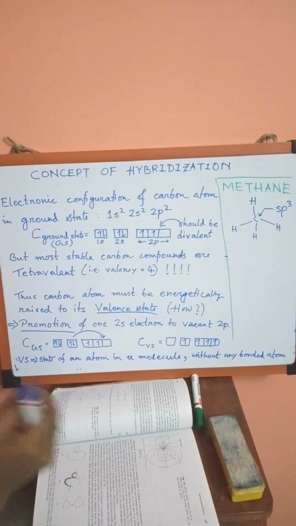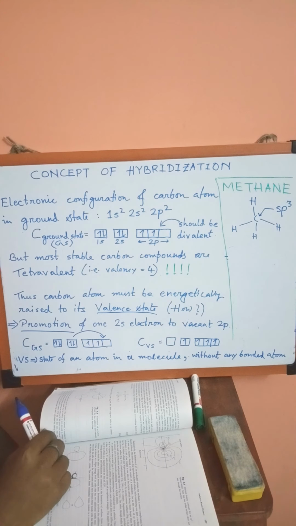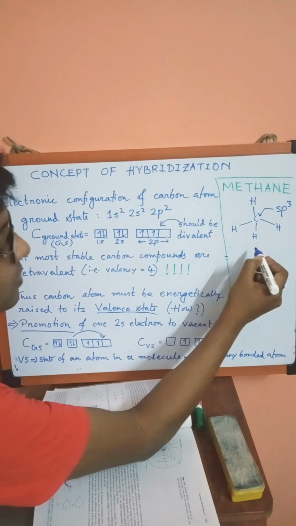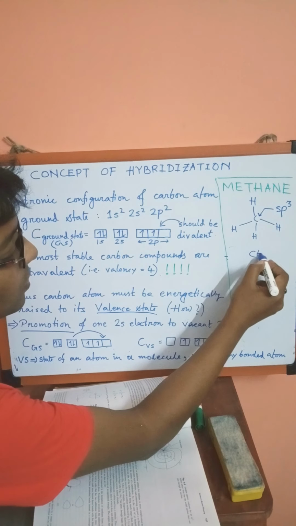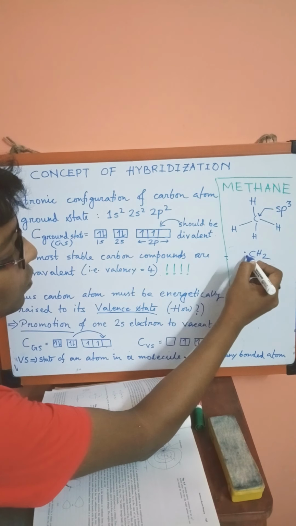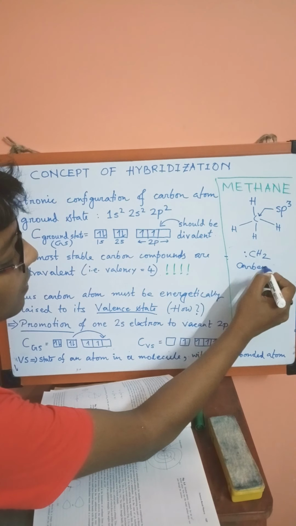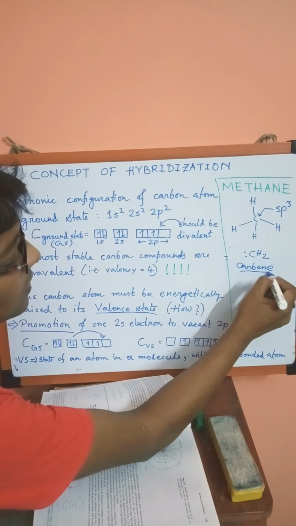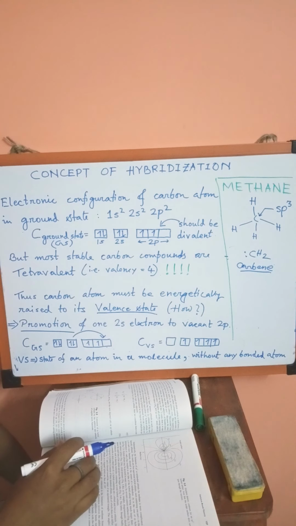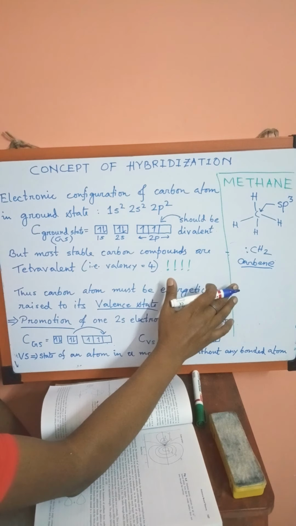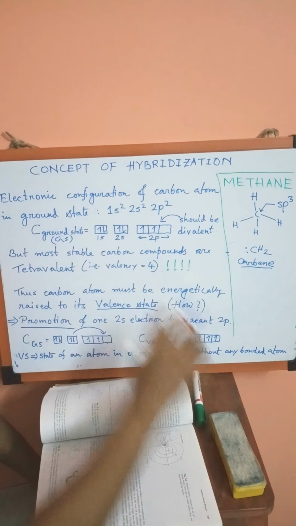There are very few examples of divalent carbon atoms, for example carbene, which is CH2. This is an intermediate in organic reactions, but these are very unstable and very rarely found.